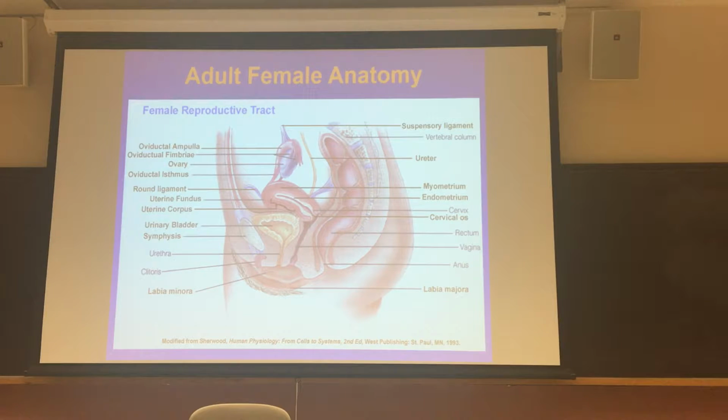The vagina and the urethra are both derived from what's called the urogenital plate during development.